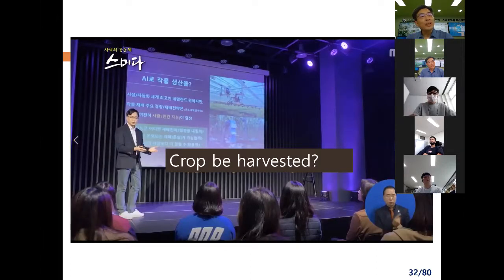When should we harvest the crop? Most people think that the crops are almost ripe, but you should not do that to make money. Market trend should be analyzed to determine when the crops are harvested.